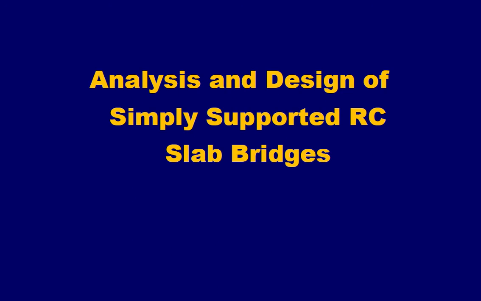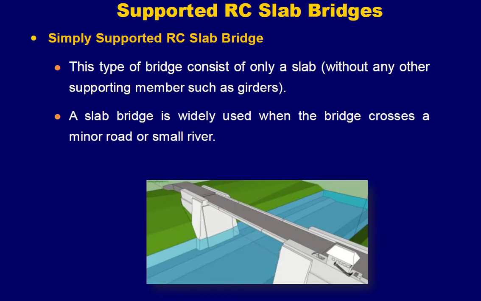So we are just taking a very simple case of a slab bridge whose analysis and design will be performed here. So, simply supported RC slab bridge. This type of bridge consists of only a slab without any other supporting members such as girders or beams. Okay, so just a slab is there and it is resisting all the loads. This is transferring the loads directly to the abutments or the supports. A slab bridge is widely used when the bridge crosses a minor road or small river.